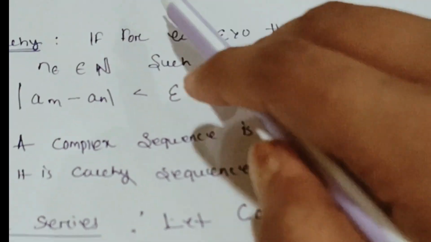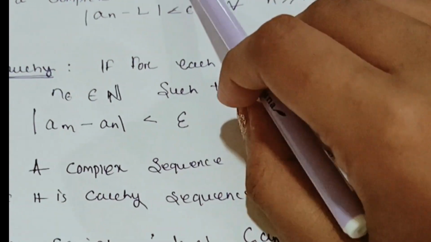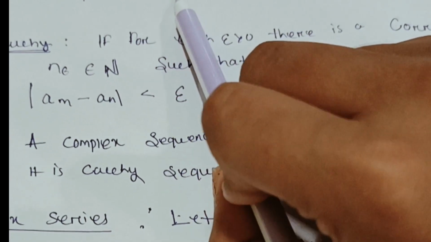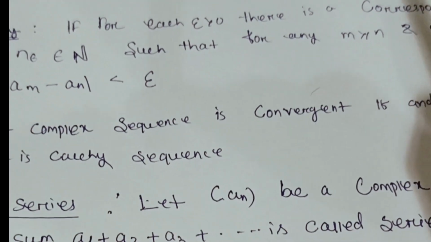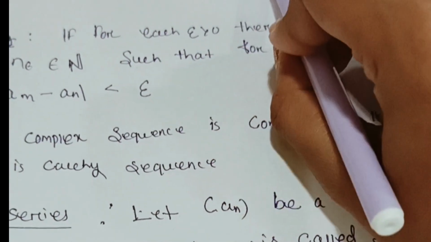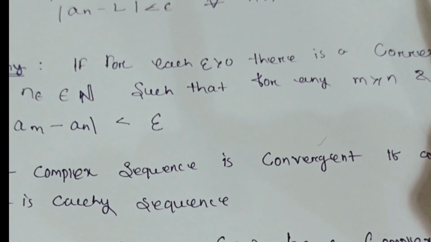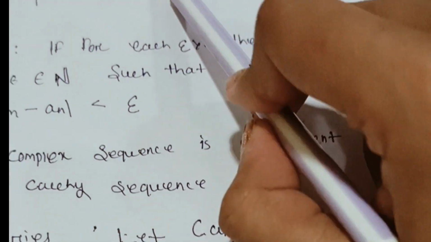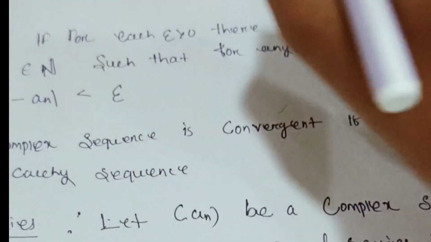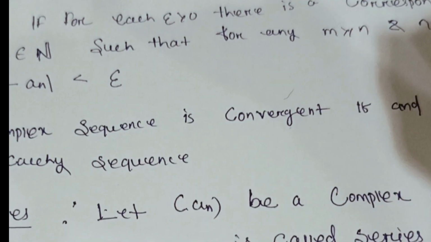A complex sequence an is said to converge to a complex number L if for each epsilon greater than 0 there is N such that the absolute value of an minus L is less than or equal to epsilon for n greater than or equal to N. Convergence means that as n gets larger, the terms of the sequence get arbitrarily close to the limit L. And we know f1 is usually called the first term, and fn is the nth term of the sequence.